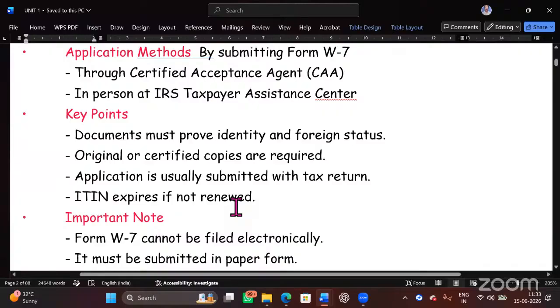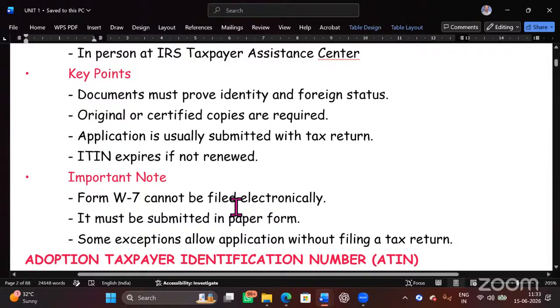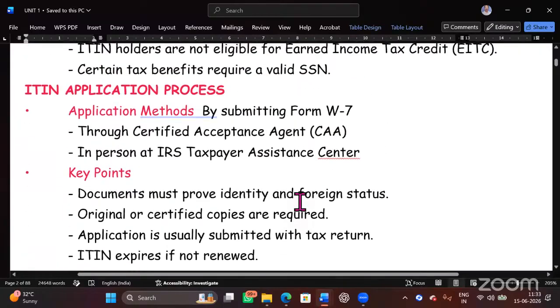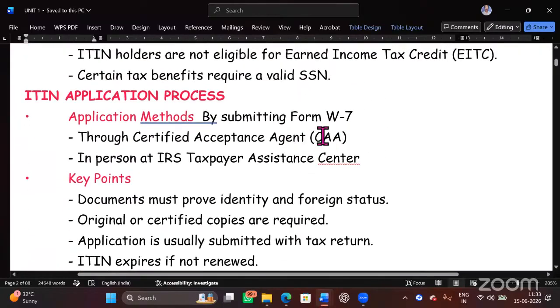It is a temporary document, temporary number. This form number W7 cannot be filed electronically. Online is not permitted. The paper form must be submitted through CAA or TAC.